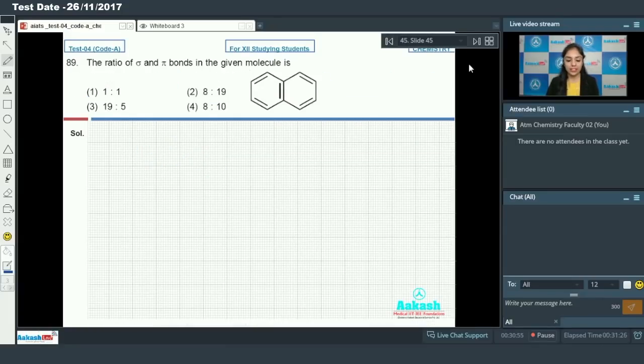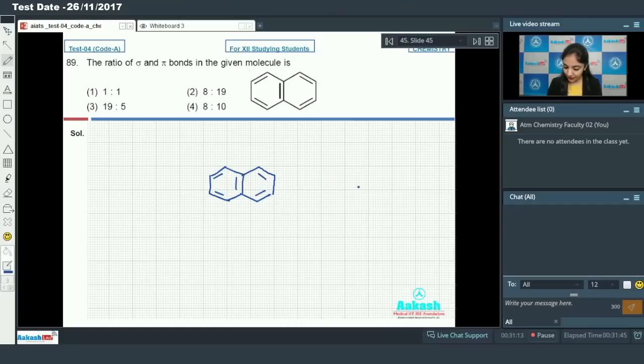So let's move on to the next one. Now we have question number 89, which says the ratio of sigma and pi bonds in a given molecule is. So we have the molecule naphthalene. In the case of naphthalene, we have to calculate the number of sigma and pi bonds.